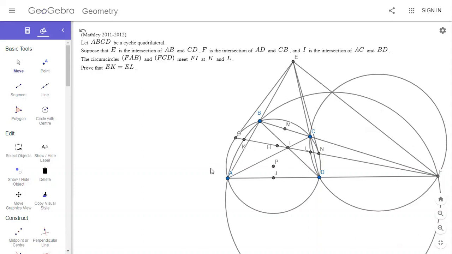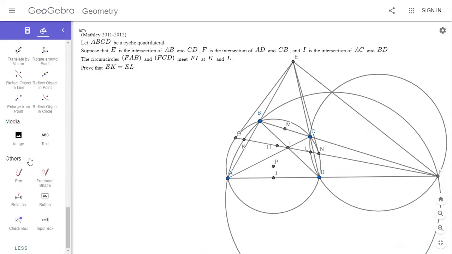Did we need O and N? Yeah, basically I showed the midpoint of ON is the same as the midpoint of KL. So that's kind of how I solved the problem.